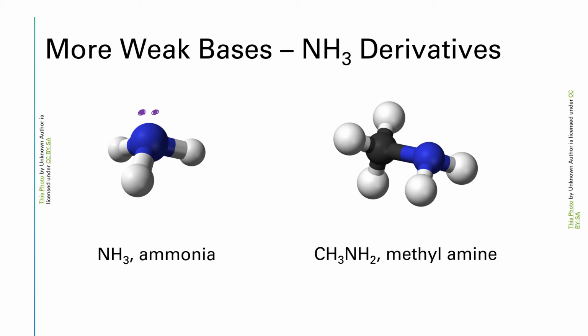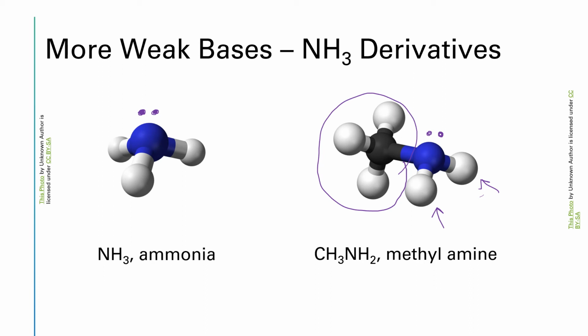The simplest substitution we can make is shown on the right-hand side here. So notice that on the far right, these 2 hydrogens are still the original hydrogens from our ammonia molecule. We still have a lone pair of electrons here on this nitrogen, but now the third hydrogen has been replaced by this CH3 group, which is known as a methyl group.